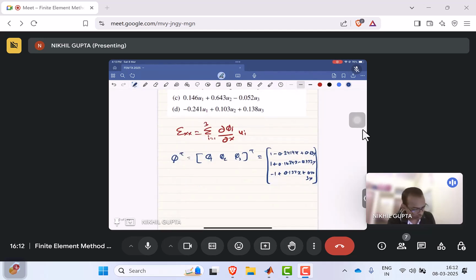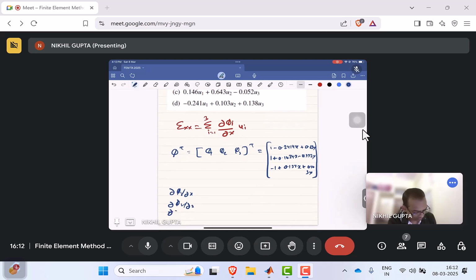So when you do del phi 1 by del x, del phi 2 by del x, and del phi 3 by del x, what you will get is only the x terms: 0.2414, 0.1034 and 0.1379.